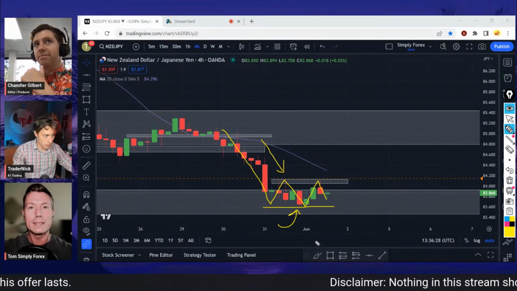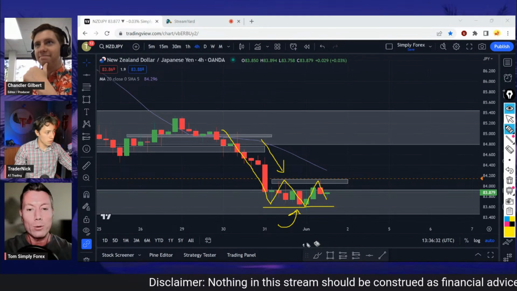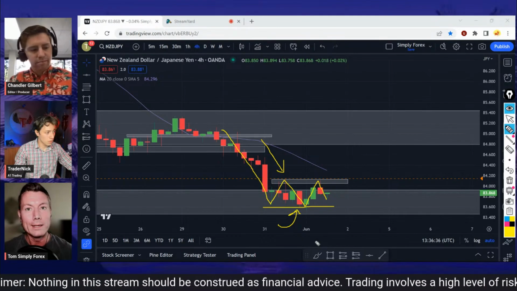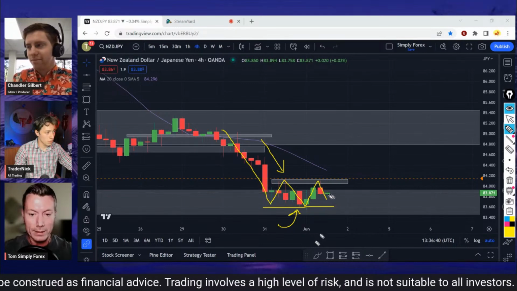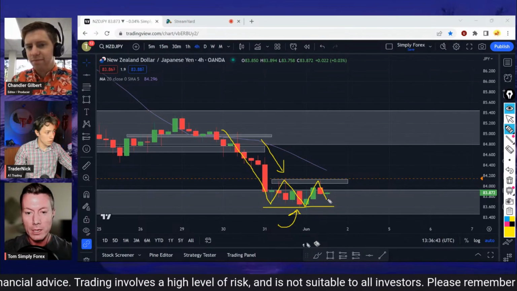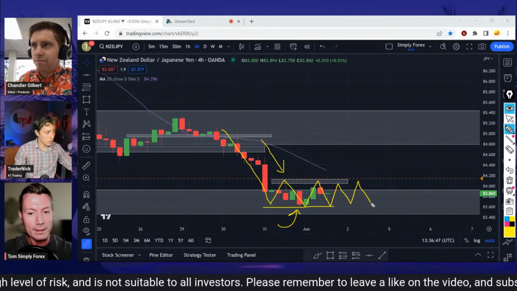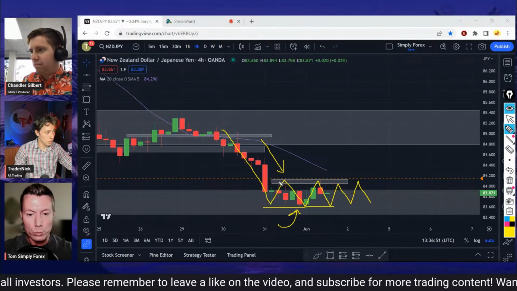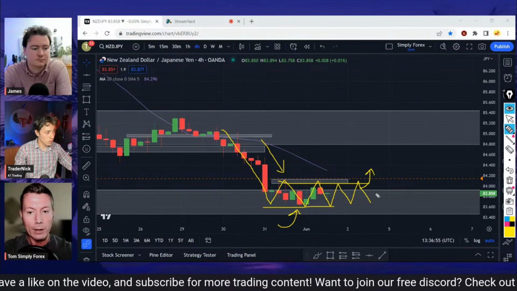So when you have this, buyers and sellers are kind of battling it out. I need to see a winner. I don't want to trade it while they are fighting, if that makes sense. Because while they're fighting, buyers and sellers, you're going to get price action, maybe like this, until we get a winner. And if buyers win, we get a break out of this range.